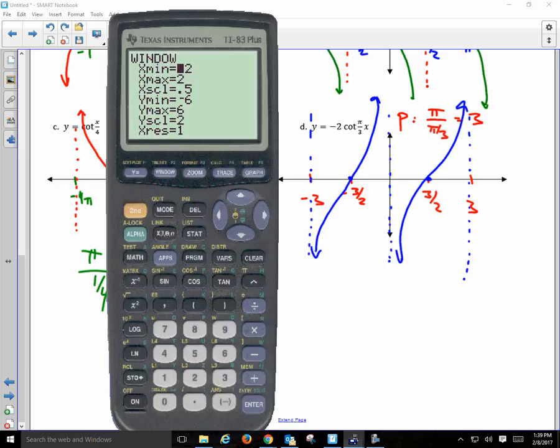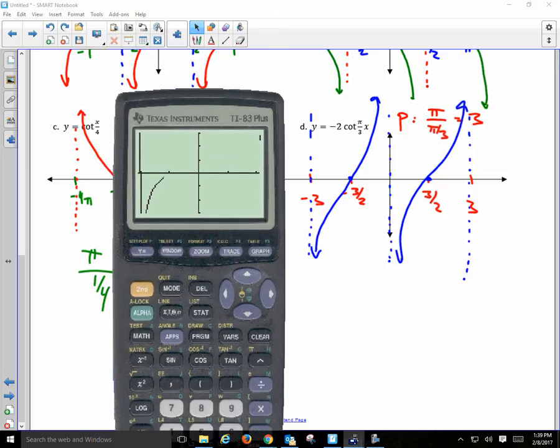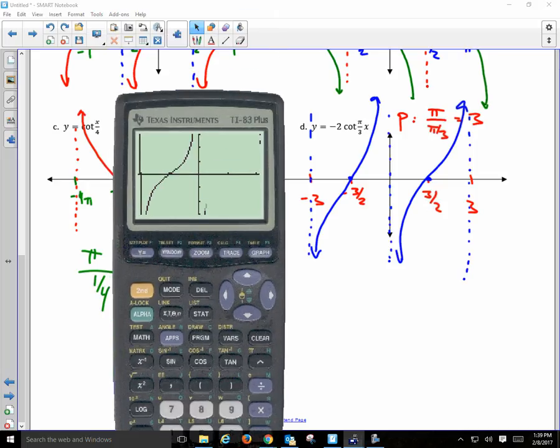In my window, I choose x minimum to be negative 3.1 and x maximum positive 3.1, with the scale every 1.5. So we'll graph it, and you can see here, does that appear to be an accurate graph? I would say so. That's how you can check your work as well. I have the answer key ready to go.